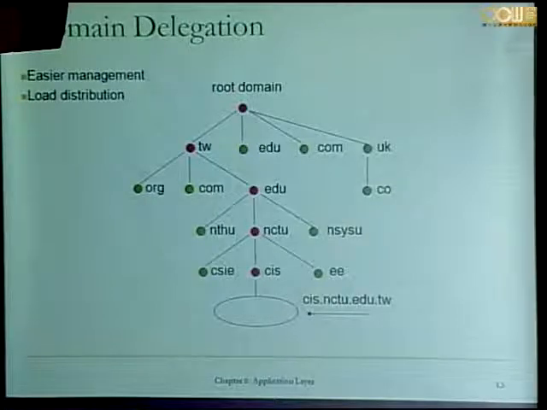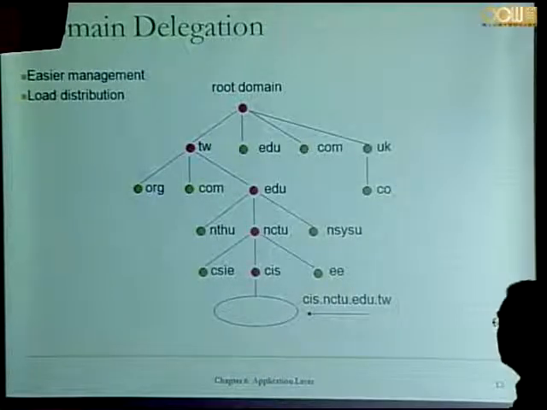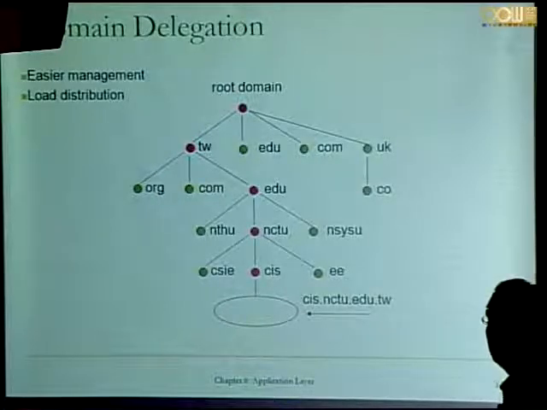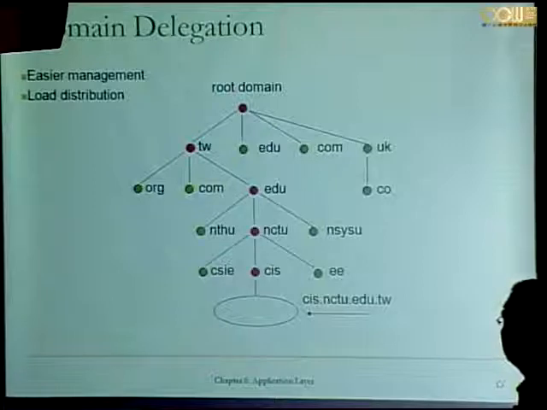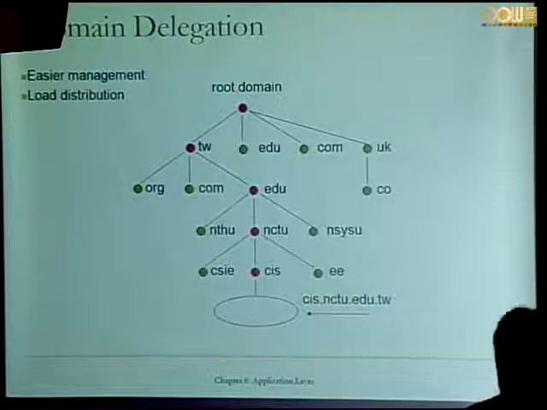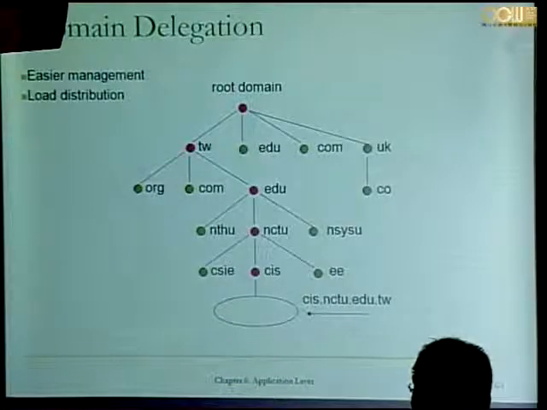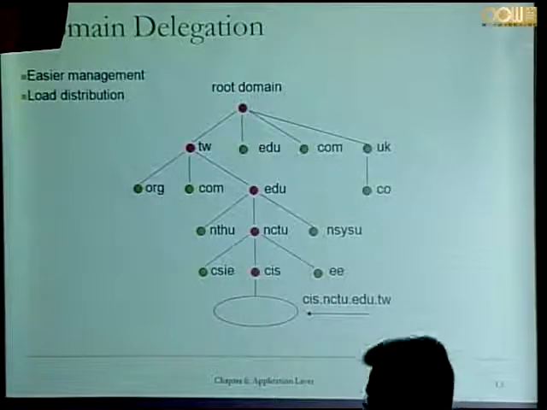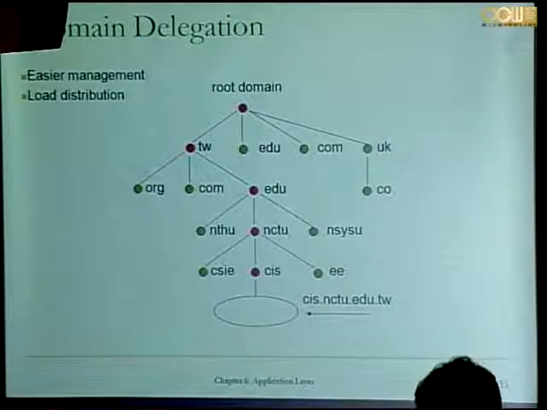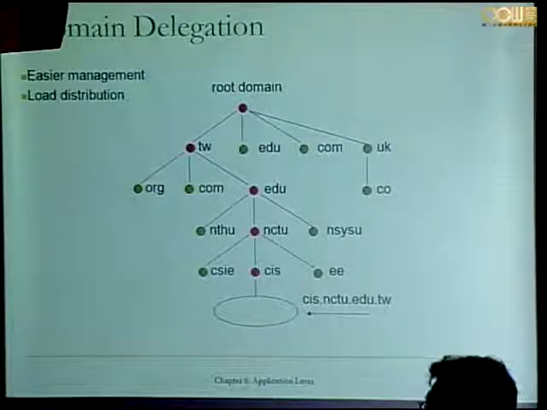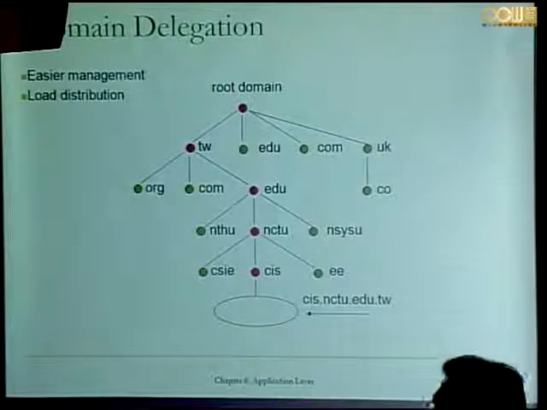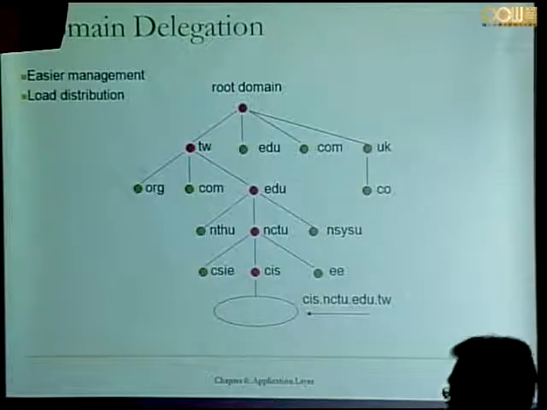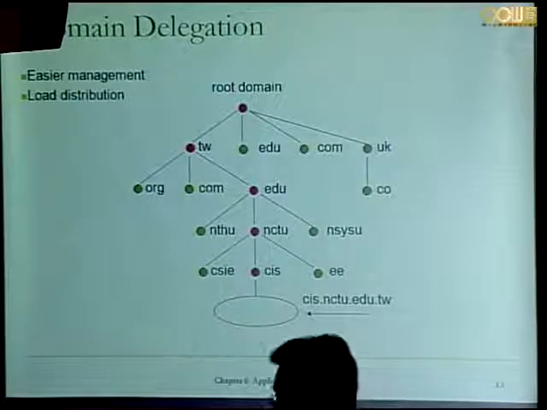A domain namespace is organized with the root domain covering edu, com, org, gov. Most of them are US-based domain names. However, if a top-level domain does not come with a country code like TW or UK, it doesn't mean it is in the US.